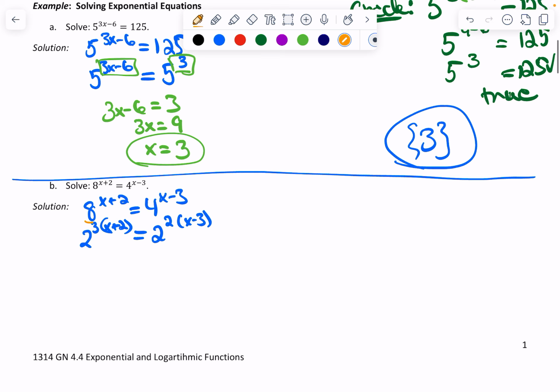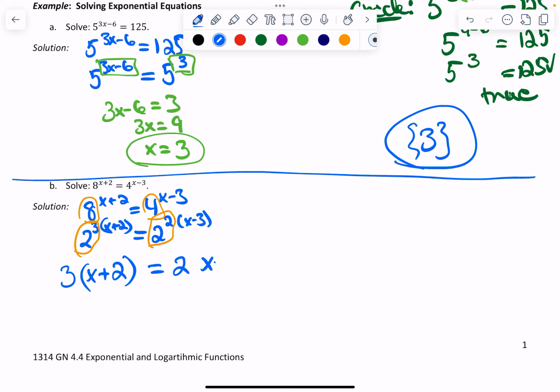So 8 is 2 cubed, and then we have our 4 as 2 squared. Okay, now our bases are the same, both are with base 2. So what we can do is we can just take the exponents. 3 times x plus 2 equals 2 times x minus 3, right?